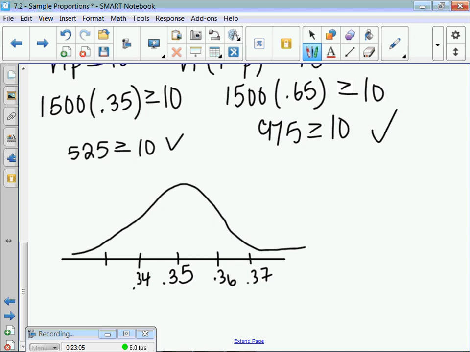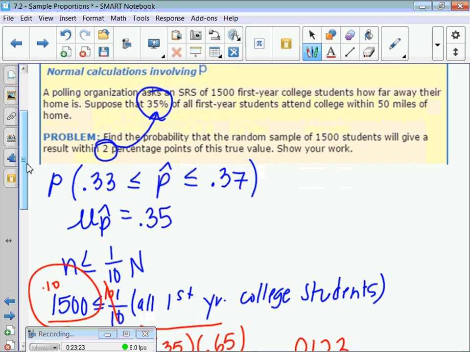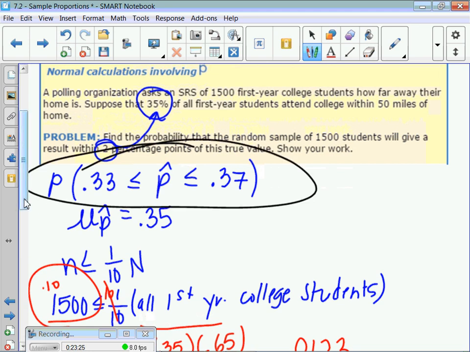It's not going to be exact, right? But I'm just estimating. And we're finding the probability that that proportion, that p hat of my samples, is in between 33% and 37%. That's what we're technically doing based on what we wrote down right here, right? In between 33 and 37%.